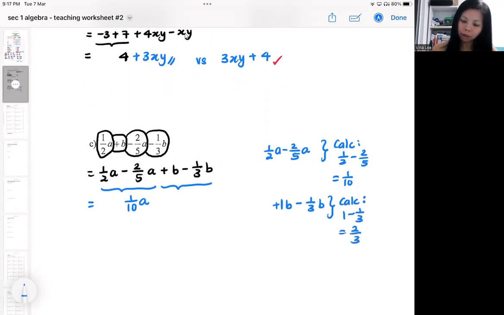So the B family will become positive 2/3 B. When you punch calculator, you get 2/3. That is a positive. If it's negative, it will be shown on the calculator as negative 2/3 already. So that's how we reshuffle the like terms, and then we simplify the like terms.